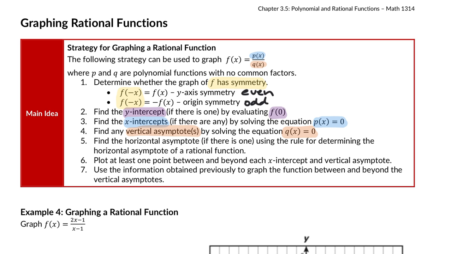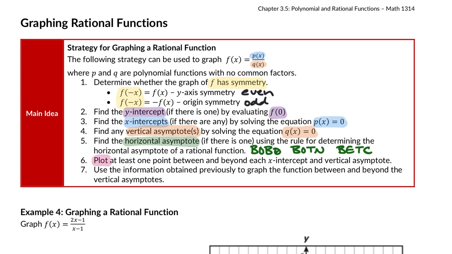Step 5 is to find the horizontal asymptote using one of the rules for determining the horizontal asymptote of a rational function. And just so you don't have to flip your page over, that is Bobo, Bot, and Betsy. That's what you're doing on that step for the horizontal asymptote. And then last but not least, you're going to find some additional points, at least 1 point beyond each x-intercept and vertical asymptote.